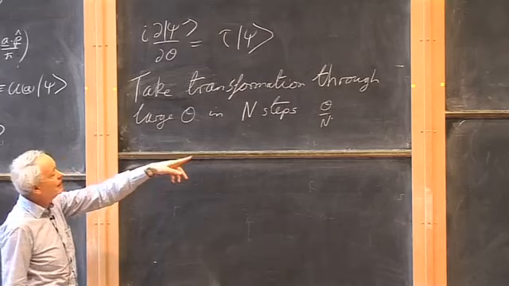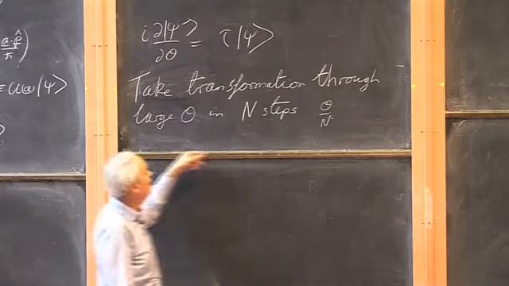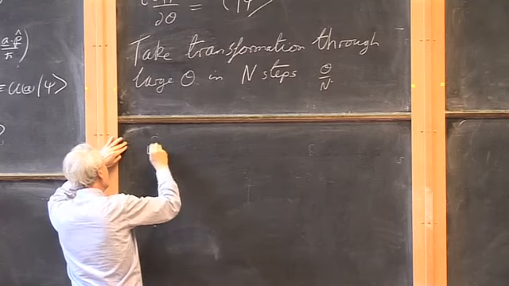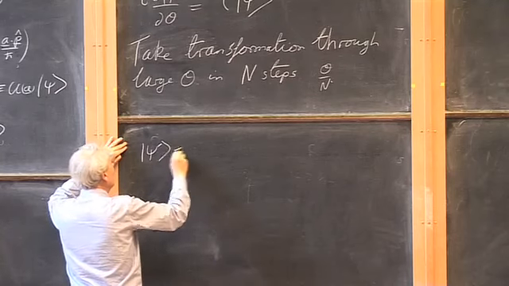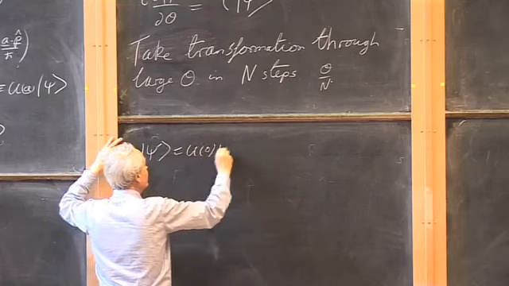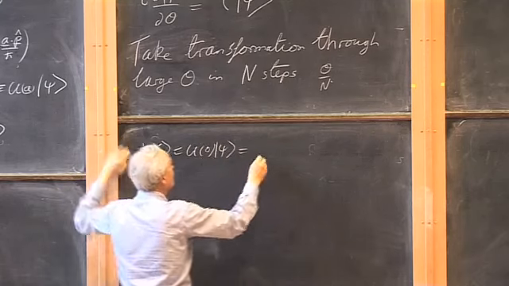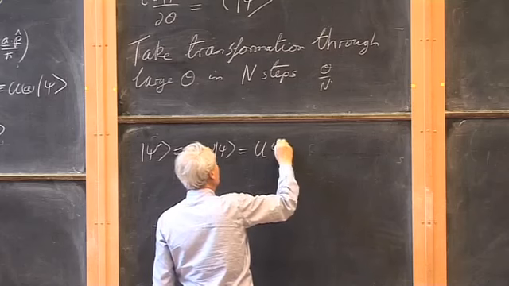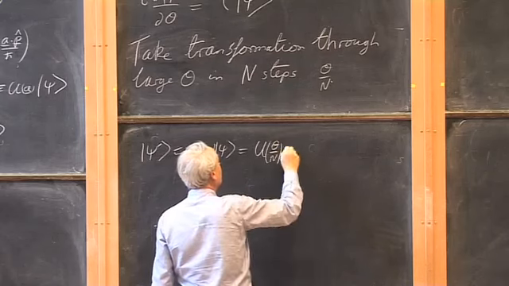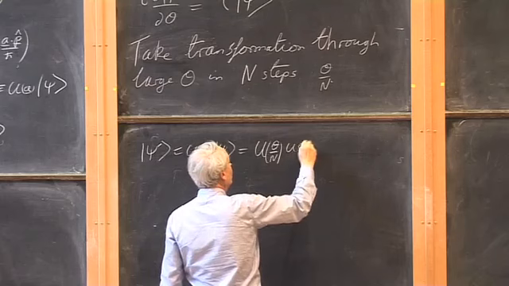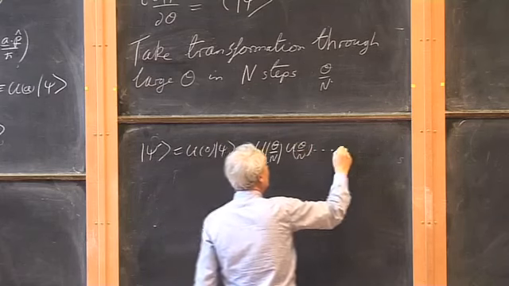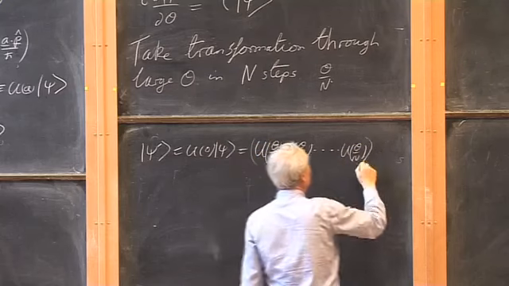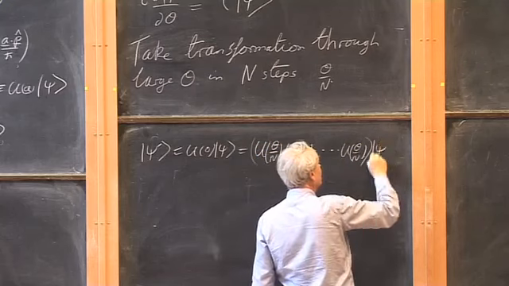Then, if n is big enough, no matter what the value of theta we're given, we can say that psi primed, which is u of theta at psi, of course, is equal to u of theta over n, u of theta over n, u of theta over n, n of these terms all multiplied together operating on a psi.